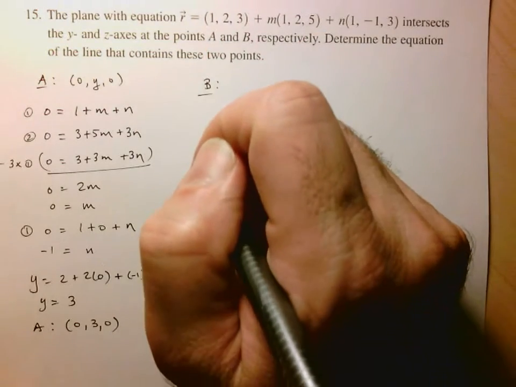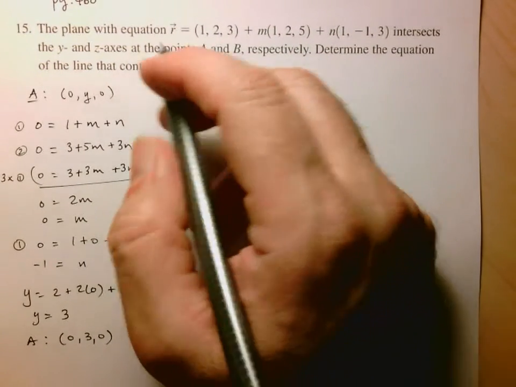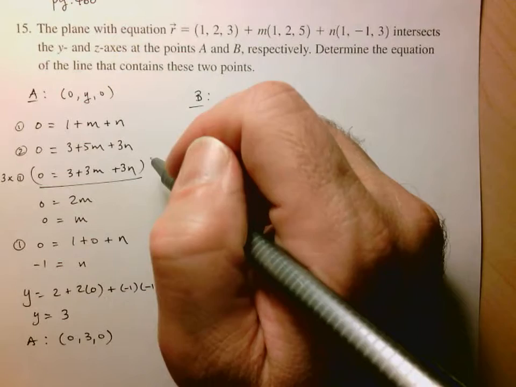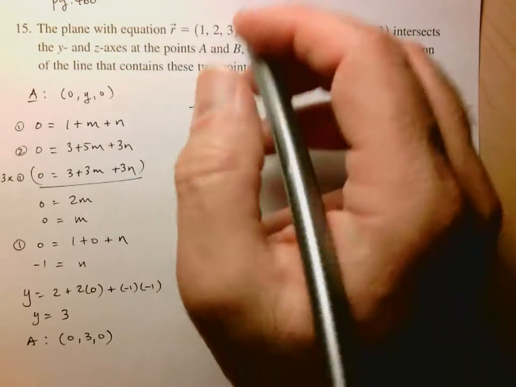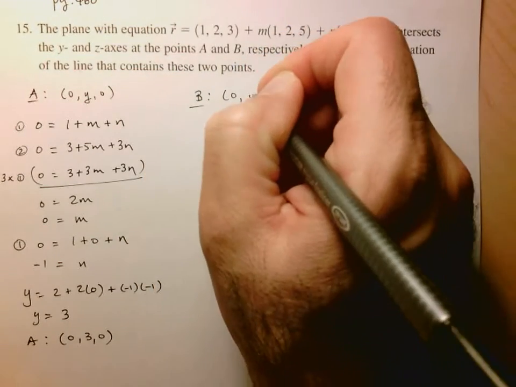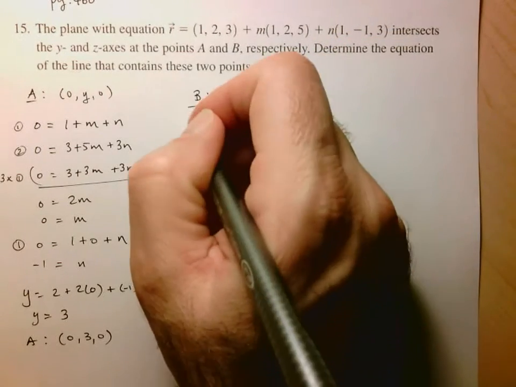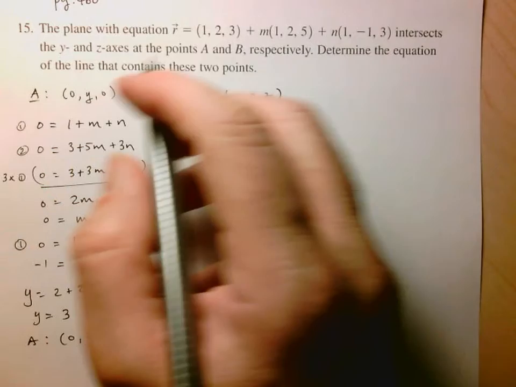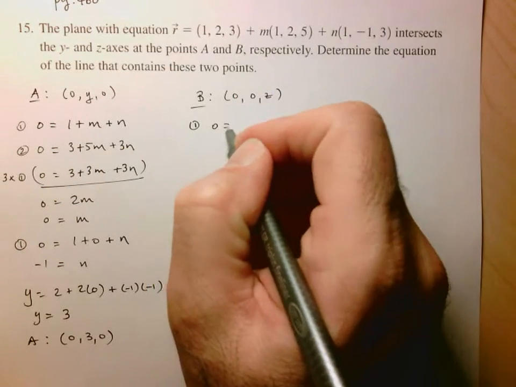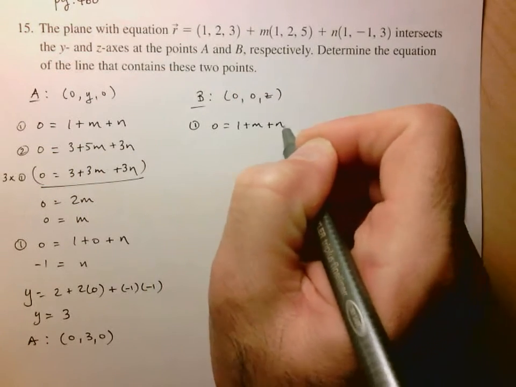Now B is going to be the z-intercept, where the plane crosses the z-axis. So we're looking for a point of the form 0, 0, z. So I'll go a little faster now. Our first equation will just be the same as this one here, when x is 0, so 0 is equal to 1 plus m plus n.